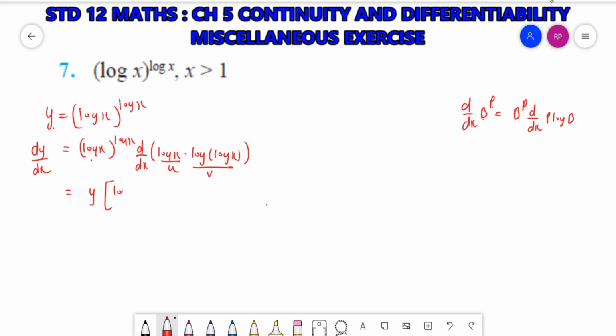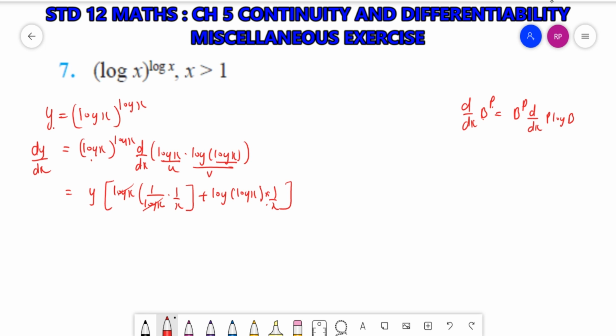U as it is, derivative of log x, derivative of log x is 1 by x. So instead of x it is log x, so 1 upon log x into d by dx of log x, which is 1 by x. Okay, plus log of log x as it is, derivative of u, that is log x, 1 by x. So log x gets cancelled.